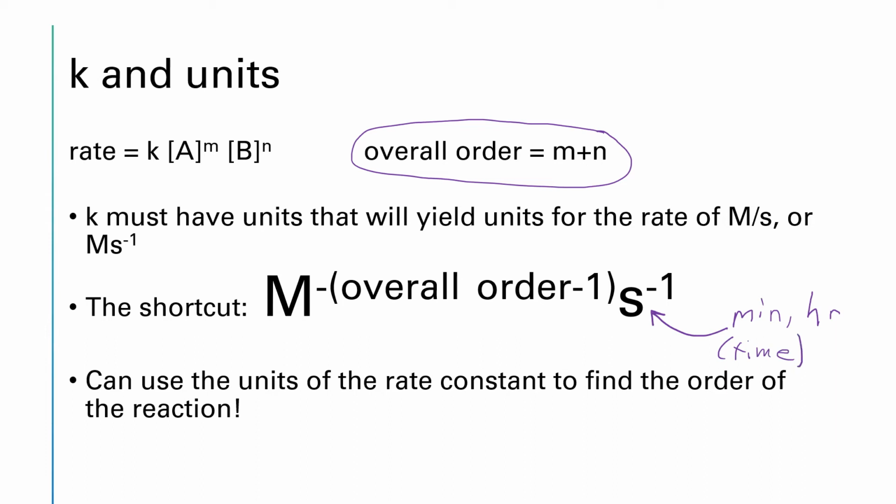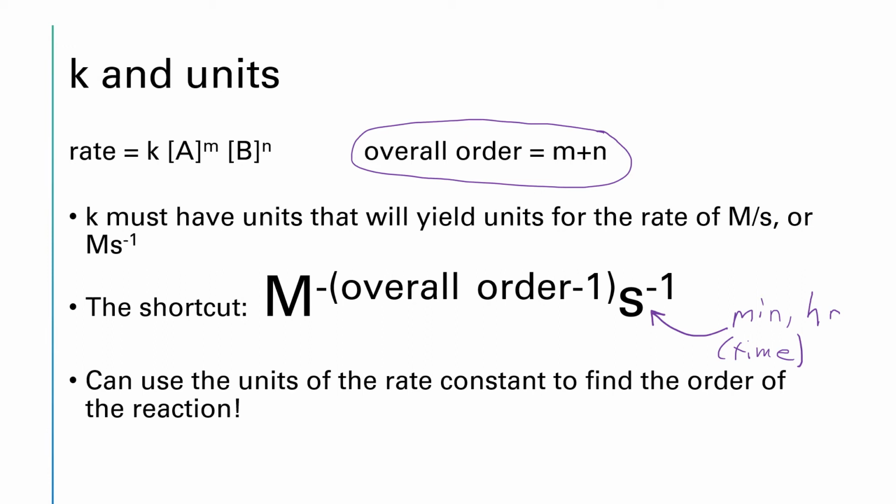Okay? And so here's why this is so important. It's a fairly common device on a test to see if you really get the units. To give you the rate constant with units for a reaction and then expect you to figure out what the order of the reaction is from that statement, right?